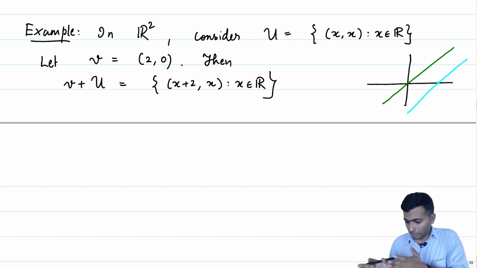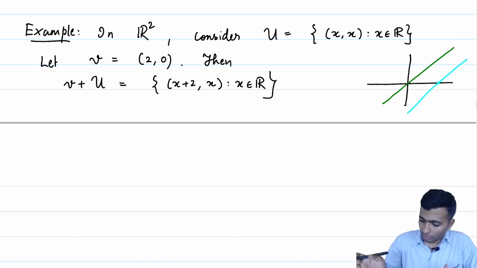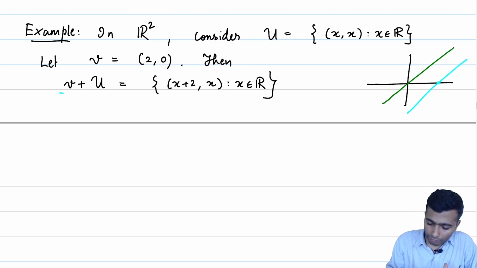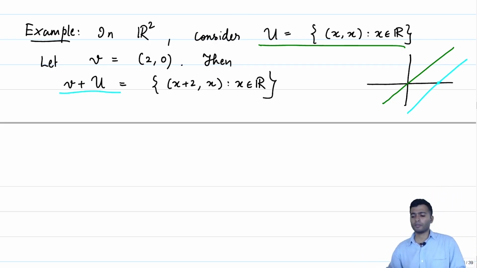It didn't come out well, but you can imagine that they are parallel lines. The green and blue are parallel lines. The blue is actually v plus U and the green is basically U. So that is why it makes sense to think of v plus U as a translate of U in some sense.